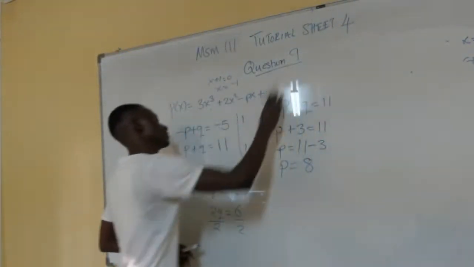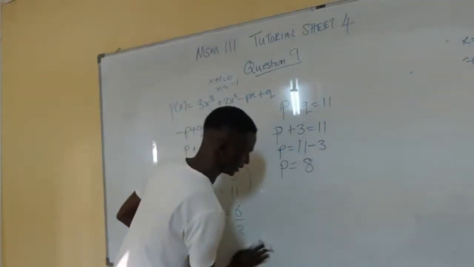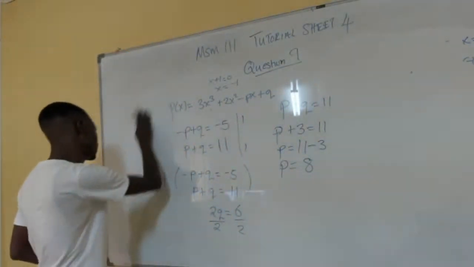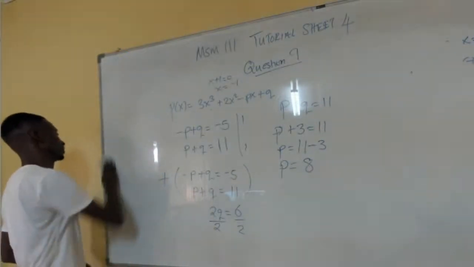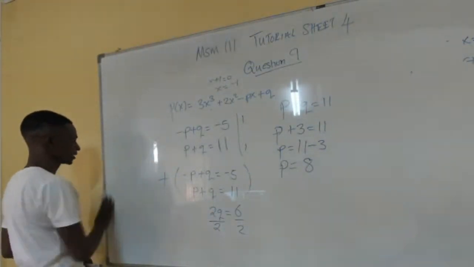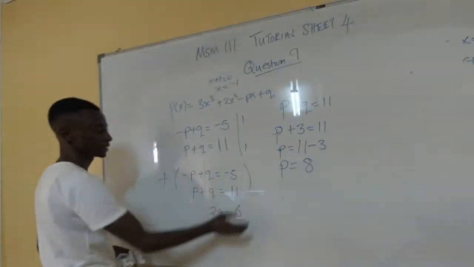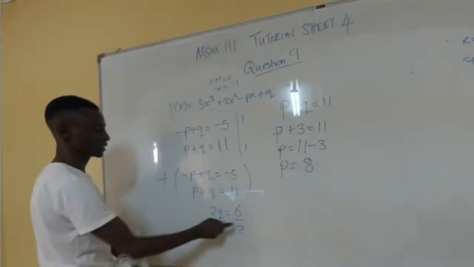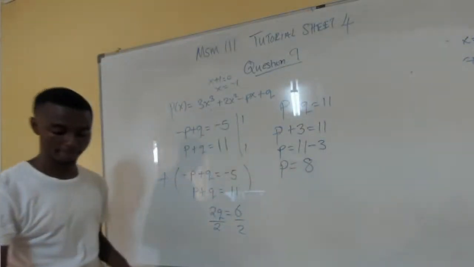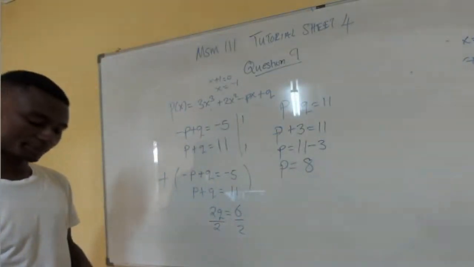There are other ways you can use, but the easiest is using the simultaneous method I've used here. If you have any method, you can use it for as long as it is giving you Q equal to 3 and P equal to 8, then there's no problem. Let's proceed.